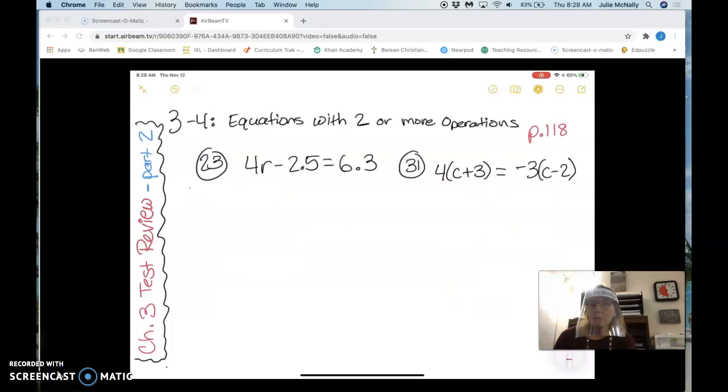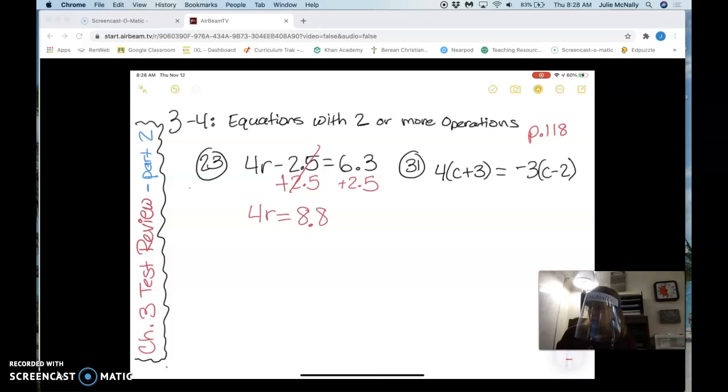Okay, so number 23 is just using decimals, and it's no big deal. You just make sure you have your calculator on test day. So first I'm going to do what? Yes, that's right. Add 2.5 to both sides. And then what is 6.3 plus 2.5? 8.8.